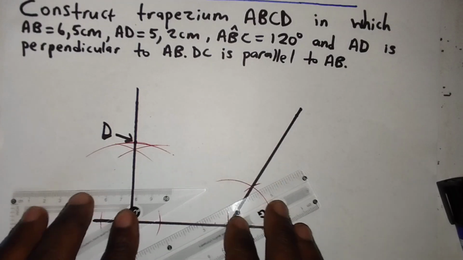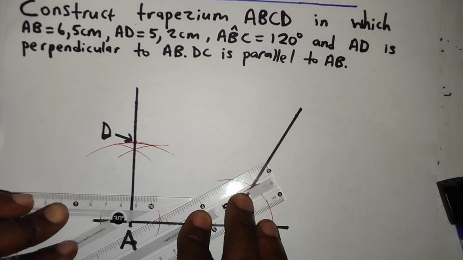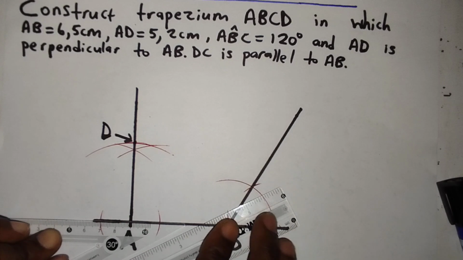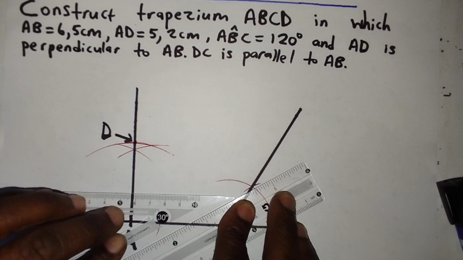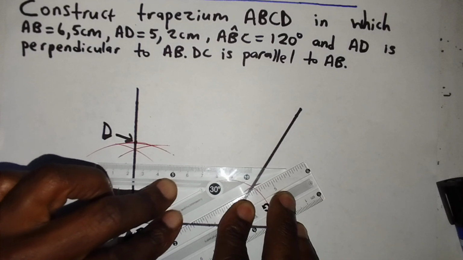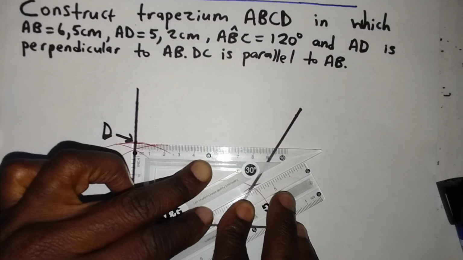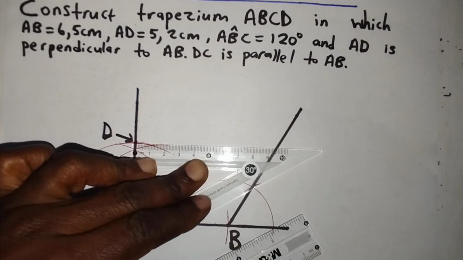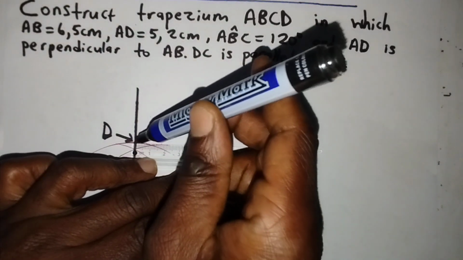Let me maybe do it like this. Okay, let's go. So this edge, you can see, is along AB. Being guided by the ruler, I'll slide my set square like this till I come to the point D. And then I will simply draw a straight line.